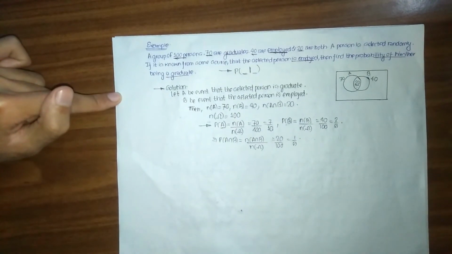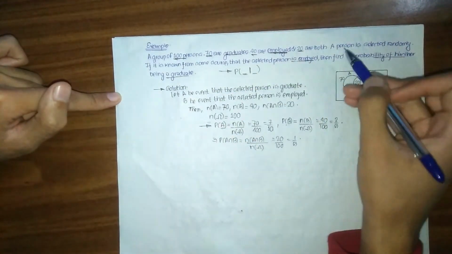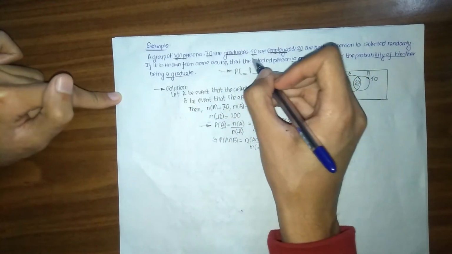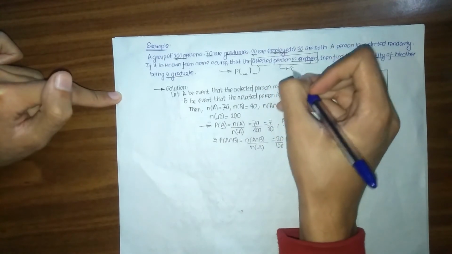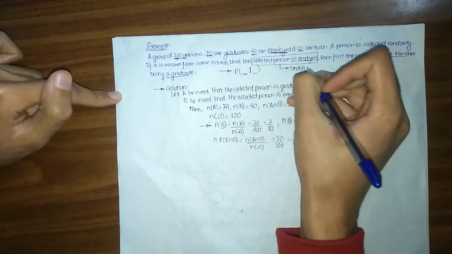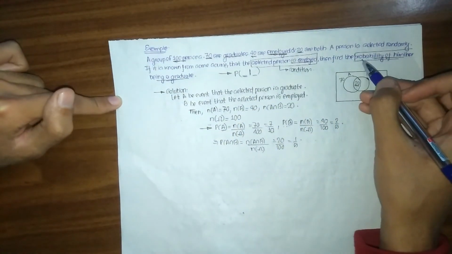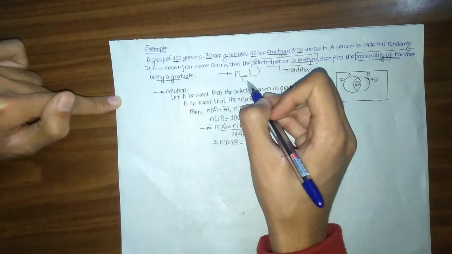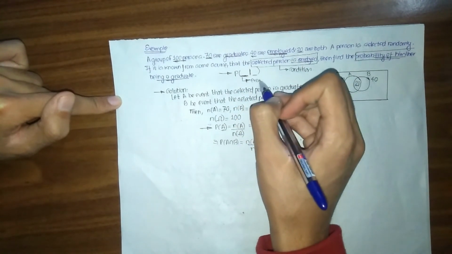Now let me move on to what the question is asking. A person is selected randomly. If it is known from some source that the selected person is employed, which means this is our condition, then find the probability of him or her being a graduate. In the first portion, the event which comes first is the event whose probability is to be calculated.